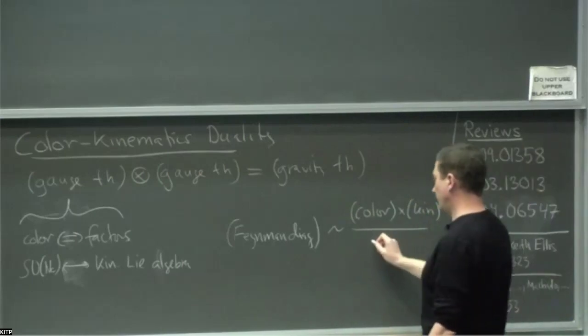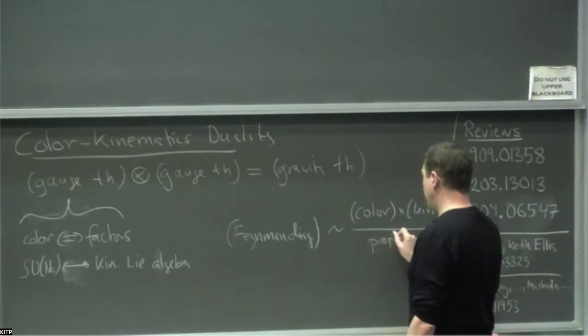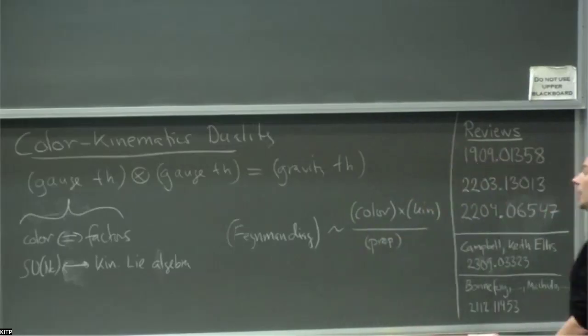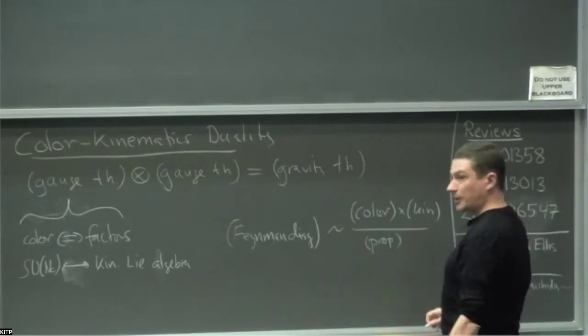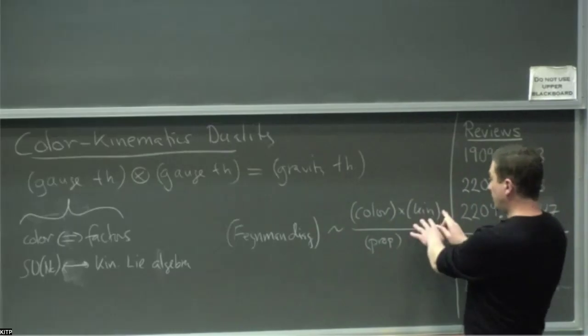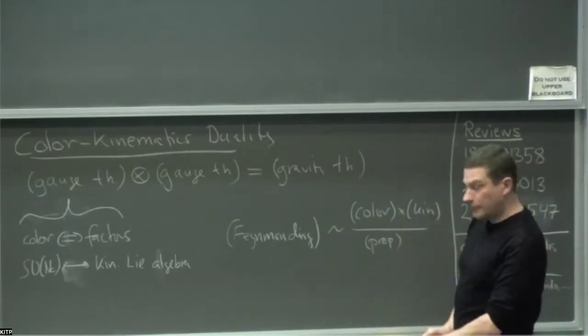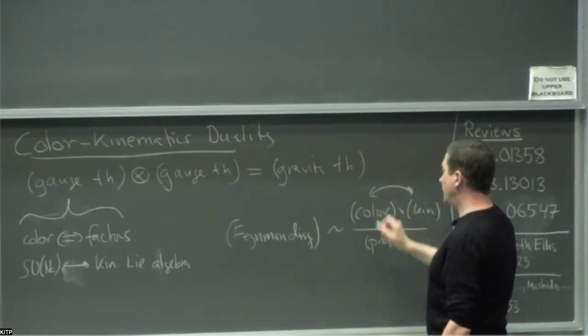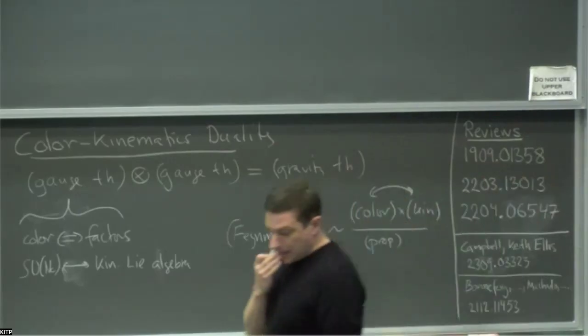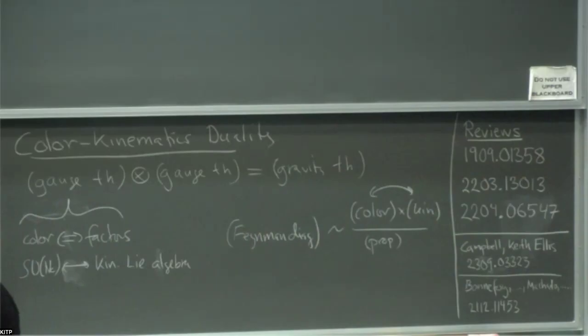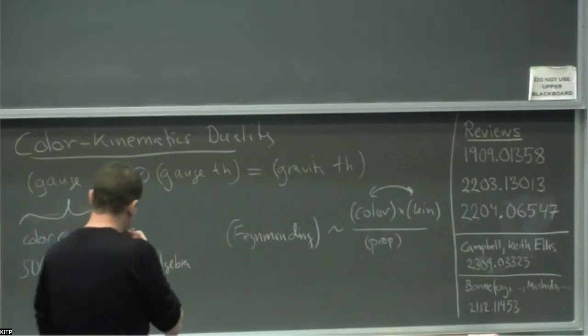So that's going to be some propagator factor in the denominator. And this one is just not going to play a role in this color kinematics duality. It's only going to be the kinematic numerator and the color factor, and they're going to be dual to each other in some sense.